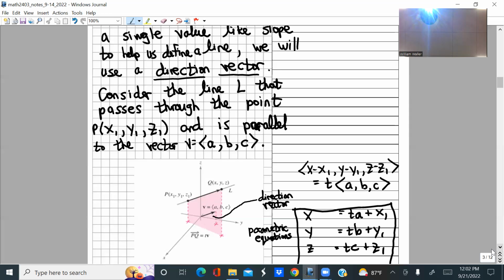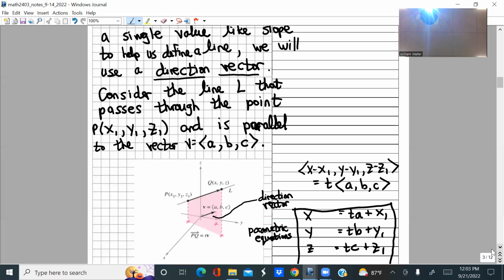But let's imagine that I'm not given 2 points on the line, but I am told beforehand, here is a vector that is parallel to it. So I'm not going to specifically state 2 points, but instead I will tell you here's a vector parallel.